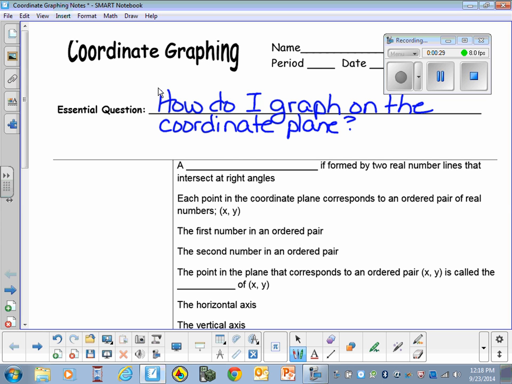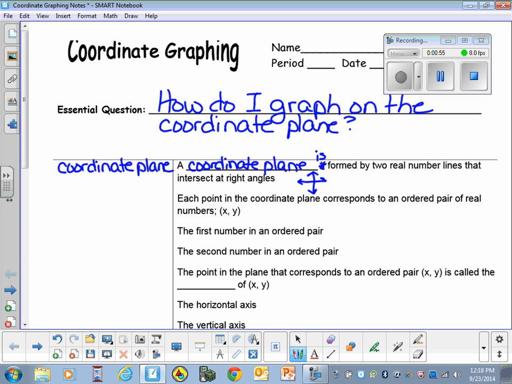A coordinate plane is formed by two real number lines that intersect at right angles. And this is a typo, it should say is.